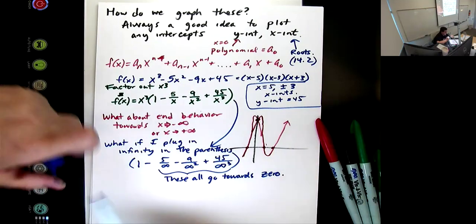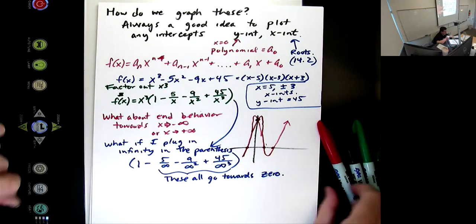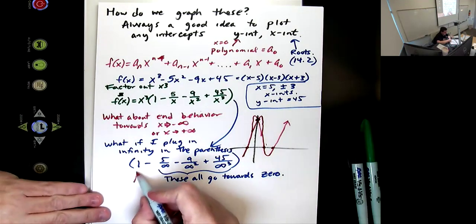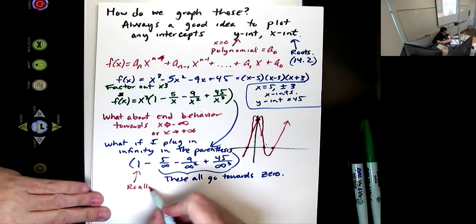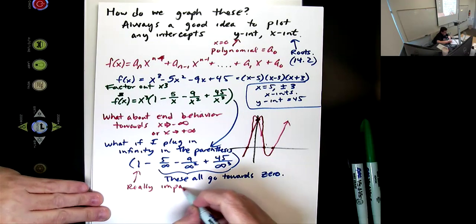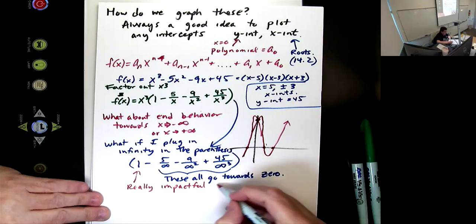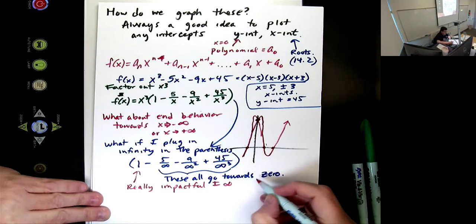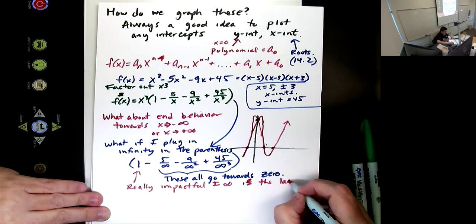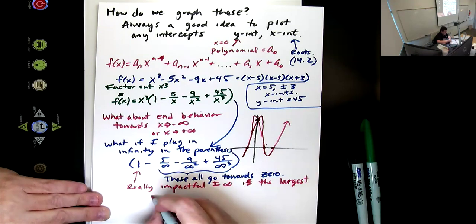Which means the only one that's really impactful at plus or minus infinity is the largest term, the largest degree term.